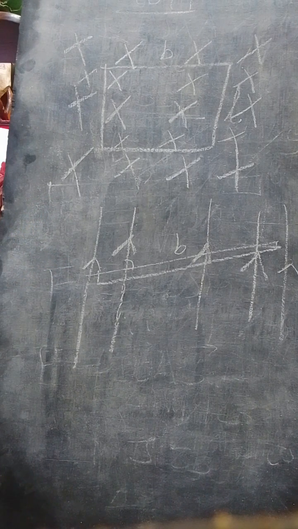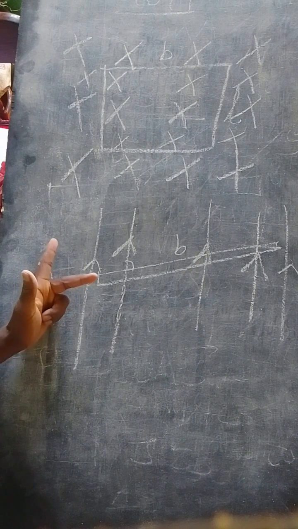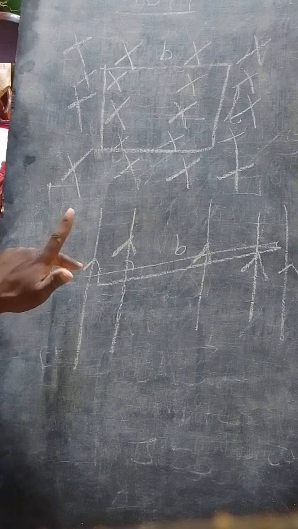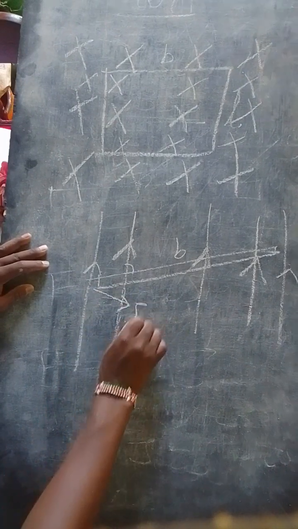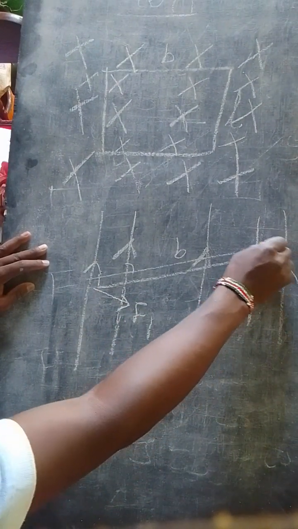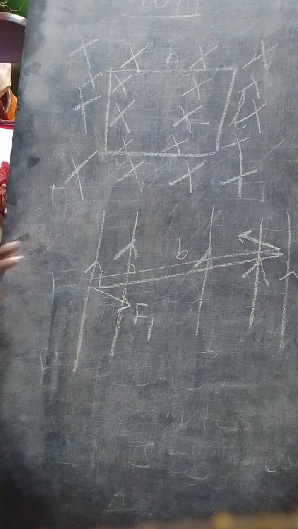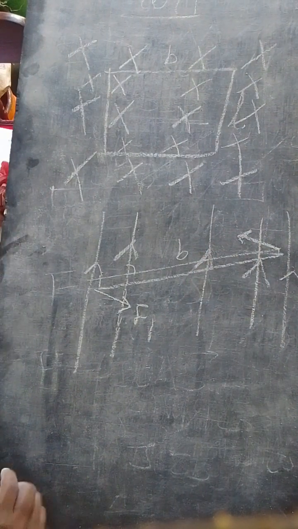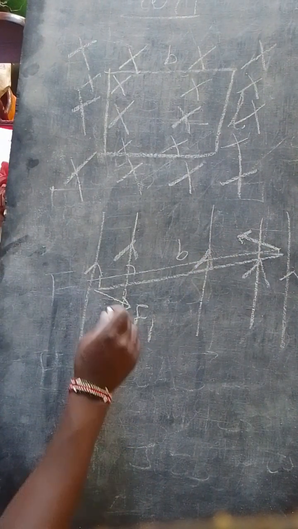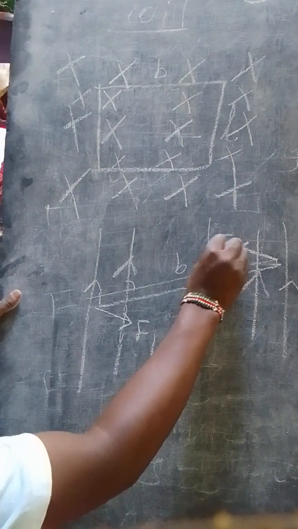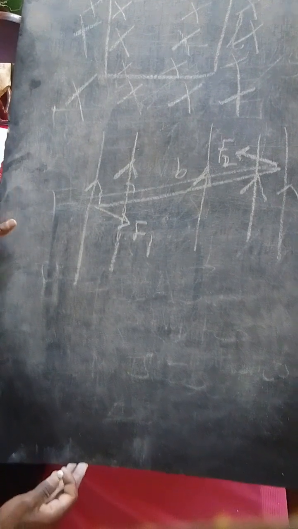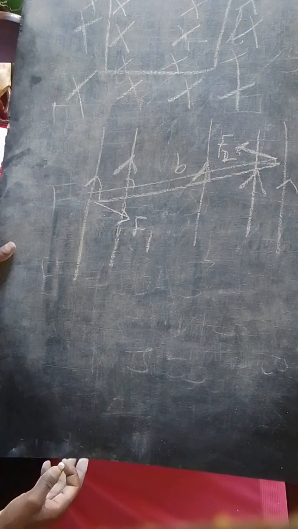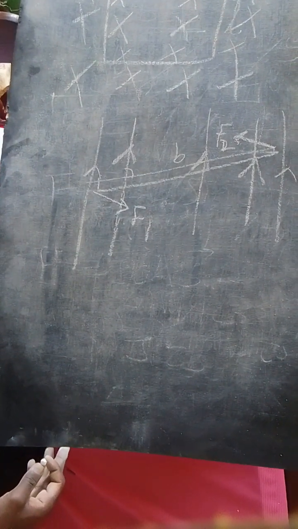So if I place my finger this way and the fields were said to be moving into the paper, this will be the direction of the force. So this is F1, and the force with torque, that is the turning force, will be equal to force 2. Now remember, we've been saying torque.